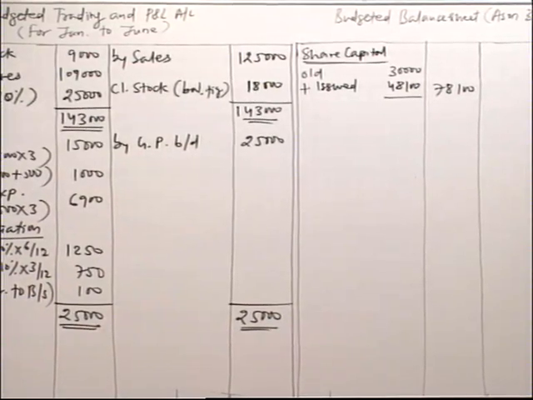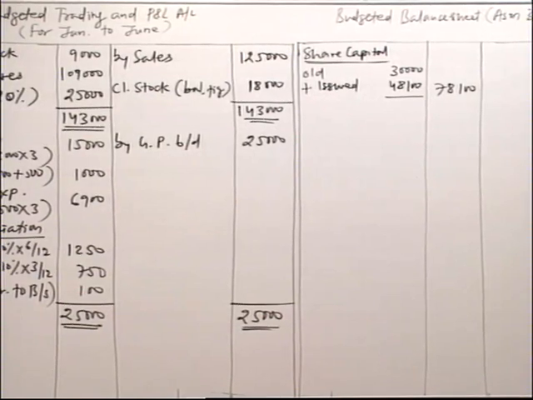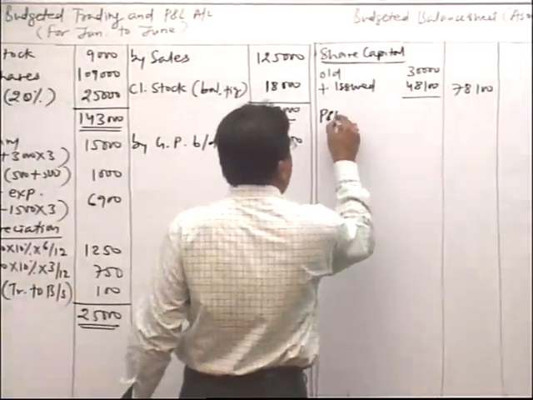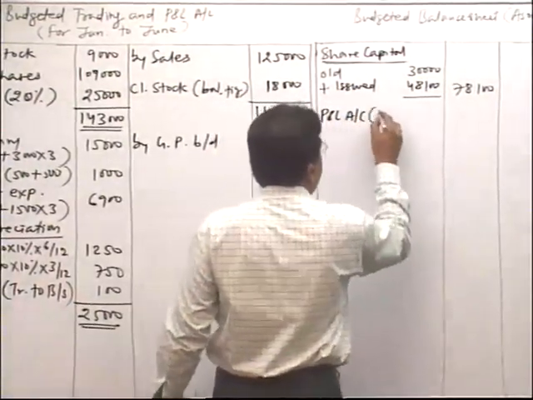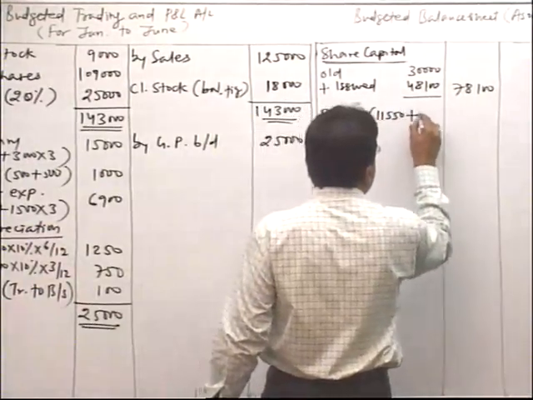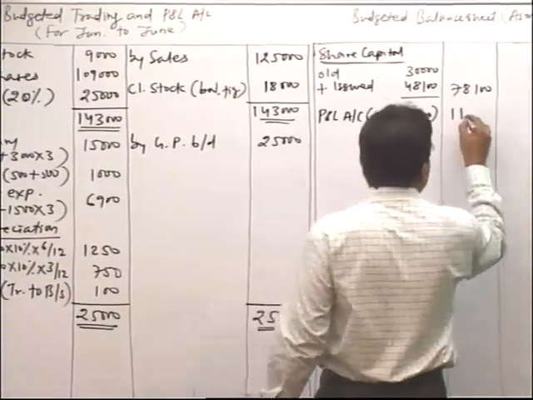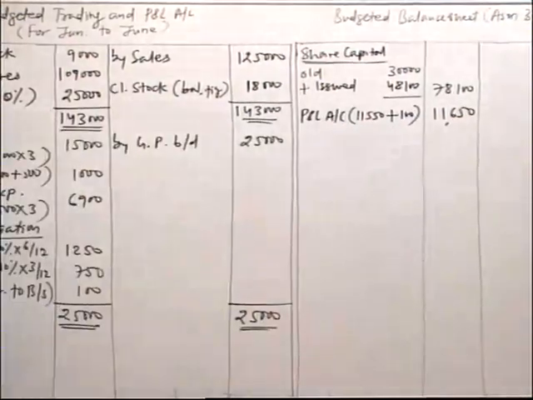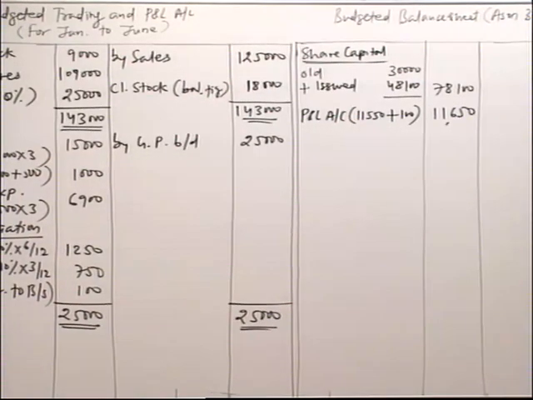Thereafter, next is profit and loss account balance. It is 11,550, and this year's profit 100 will be added. So the profit and loss account balance will be 11,550 plus this year's profit 100, so 11,650. Then comes creditors.